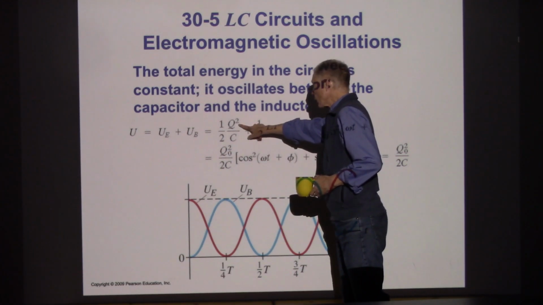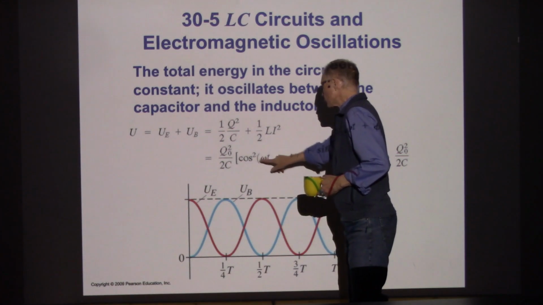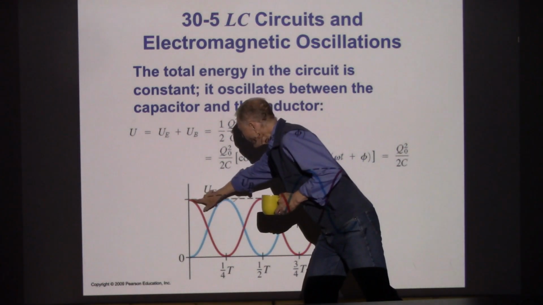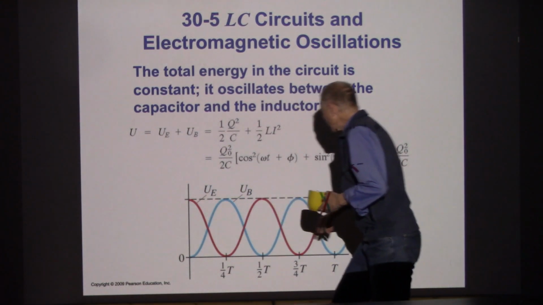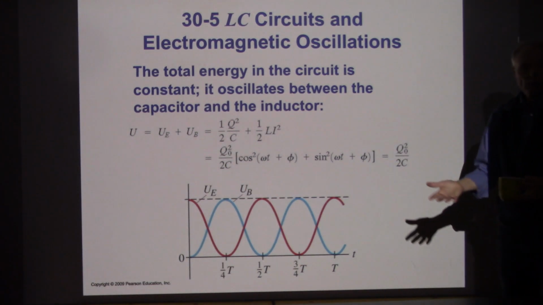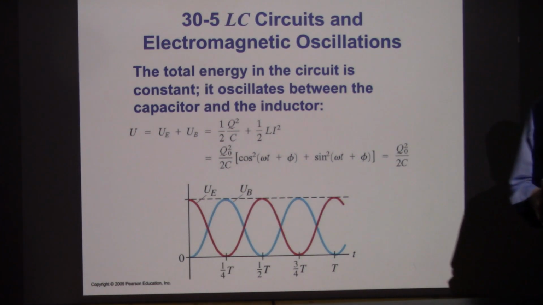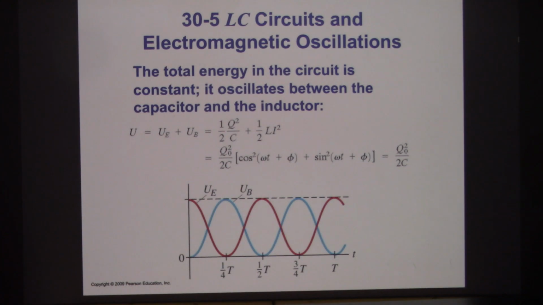So Q squared becomes cosine squared. The red line is showing how much energy, as a function of time, is stored in the capacitor. As we remarked, we're going to start with all the energy in the capacitor, so the red line starts right up at that total energy dashed line. That dashed line is the total energy in the circuit.